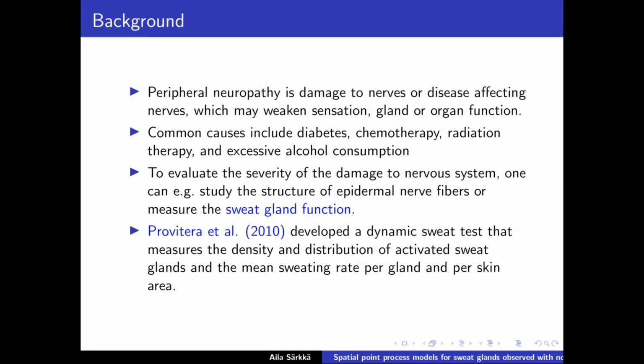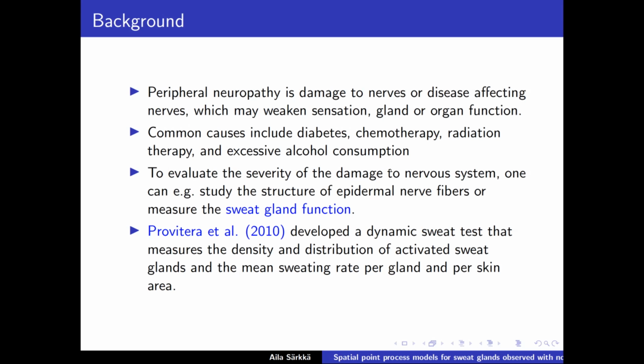And sweating, you have sweat glands where the sweat comes, and that is sort of a gland function. And therefore, if you suffer from peripheral neuropathy, often you sweat less than a healthy person. Common causes for peripheral neuropathies are, for example, diabetes, chemotherapy, radiation therapy, or if you drink too much alcohol.